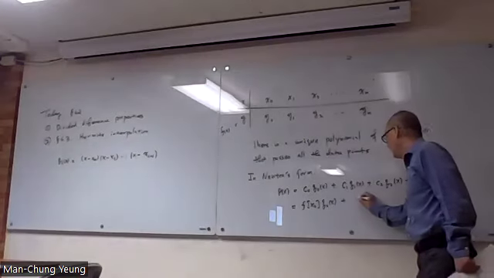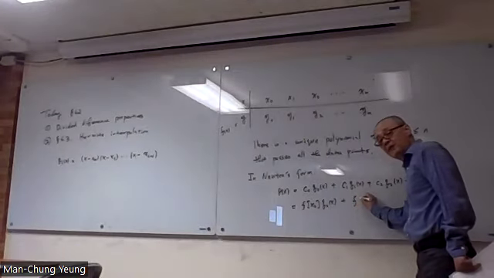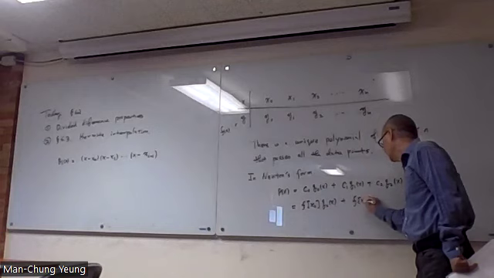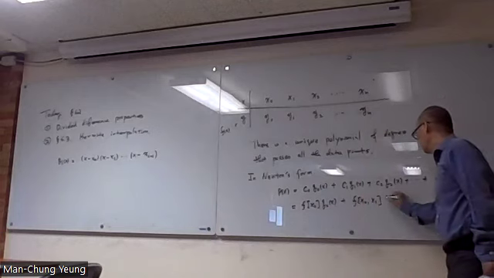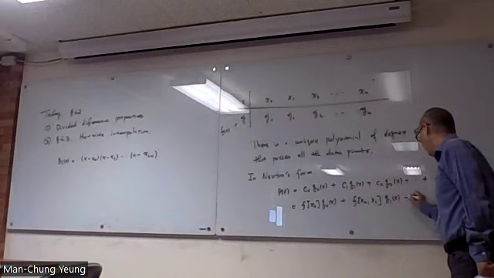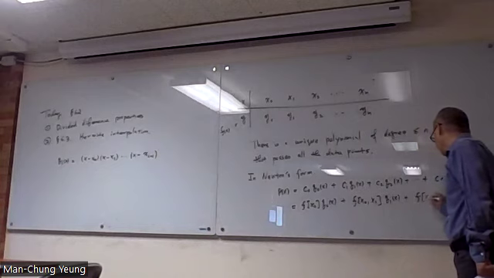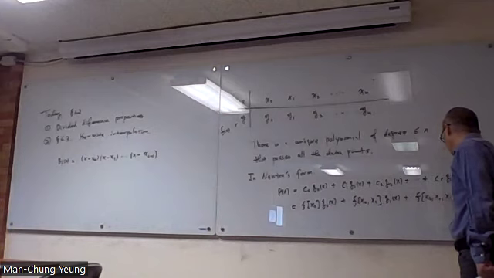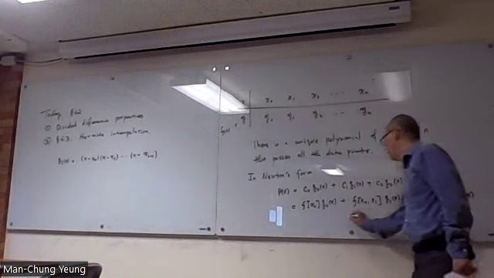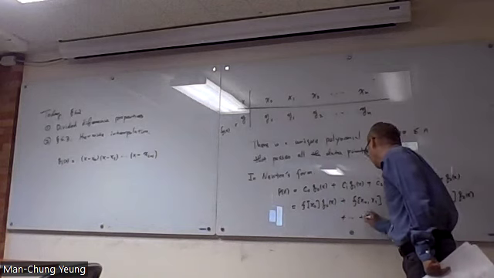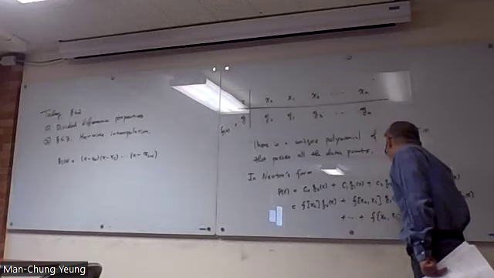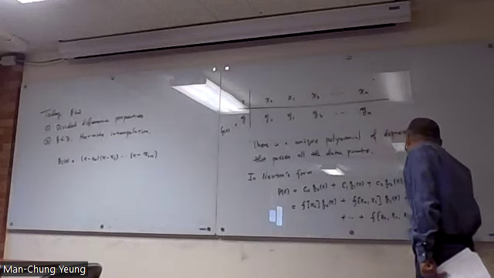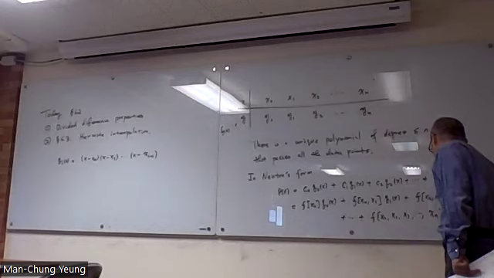C1 depends on x0, x1, and Q1. C2 depends on x0, x1, x2, and Q2, and so on. Thus Cn depends on x0, x1, x2, up to xn.